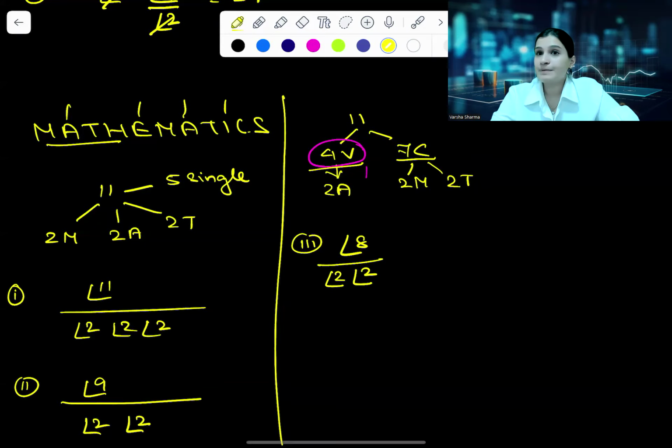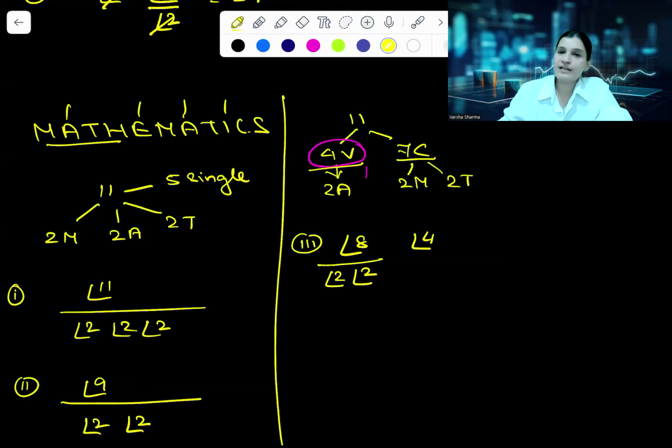So the bundle has how many letters? Four vowels. So those four vowels can be arranged in four factorial ways. Now in those four vowels, we have two A's. So now it gets divided by two factorial. Understood?